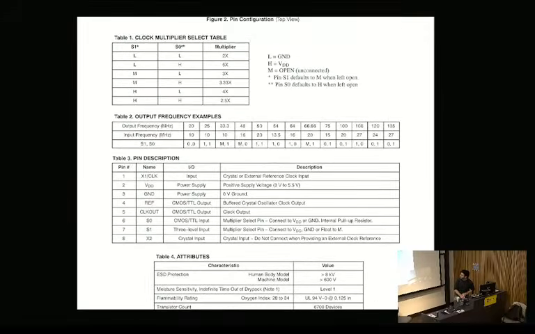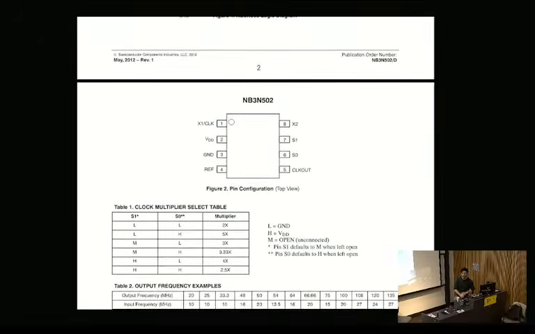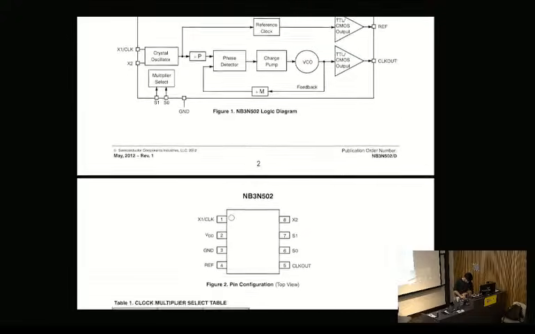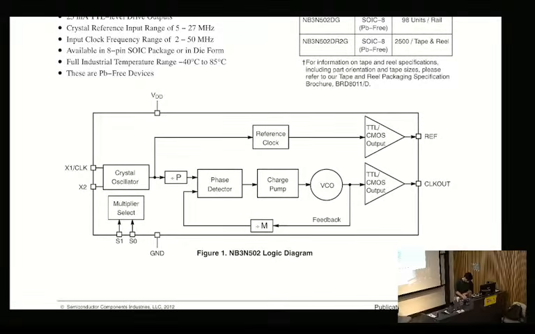It's a clock generator. In reading time, it's really important to read through the data sheet and get an idea of what it gives you before you go into the question, because then you can backtrack and remember, oh, I saw this on the data sheet. It has a multiplier select, meaning I can select what frequency.